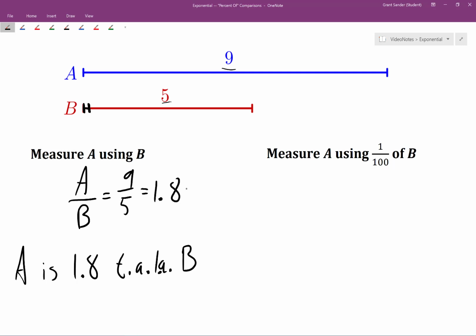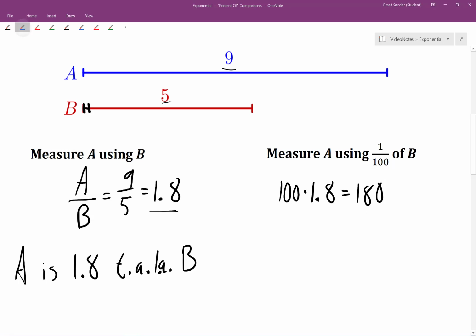So the measurement of A using 1/100th of B should be 100 times the measure of A using B. And 100 times 1.8 is equal to 180. So if we measure A in units of 1/100th of B, we get a measurement of 180.